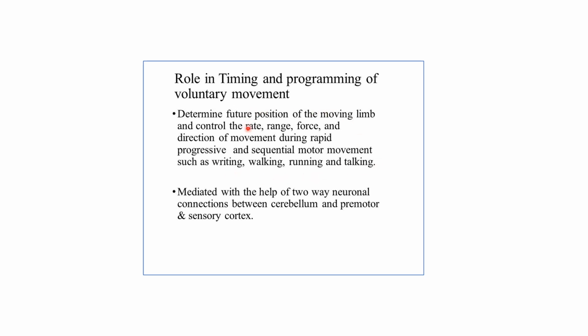So it can anticipate the future position of the moving limb, and control the rate, range, force and direction of the movement during rapid movements. Next, it is mediated with the help of two-way neuronal connections between the cerebellum and premotor and sensory cortex. How is it performing this action? That is because of the two-way connections between the cerebral cortex and the cerebellum.